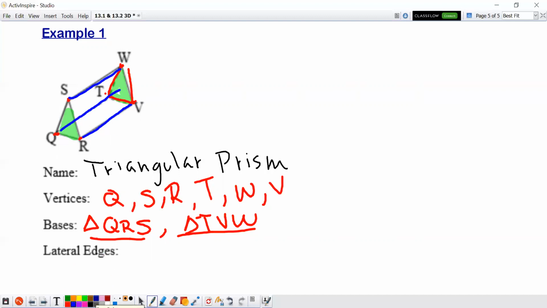So my first one, I'm going to say this one right here is SW. Second one, QT. And then the last one is RV. And that's it. That's what you're going to be doing in your class pick assignment for this week.